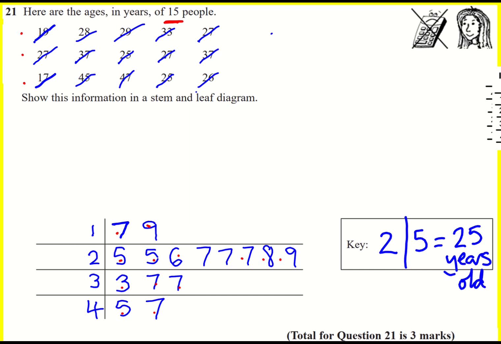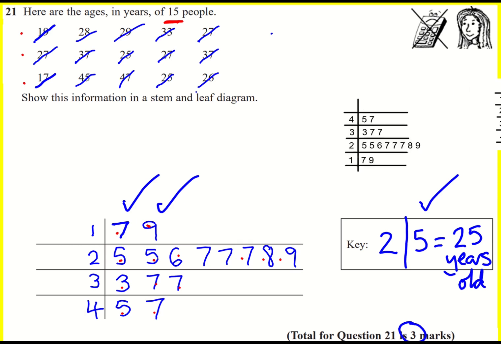So to get your 3 marks here, you need to do an ordered stem and leaf, and I'll show you what an unordered stem and leaf looks like in a second so that you understand the difference. This is going to give you 2 marks for your ordered stem and leaf, and this is your 3rd mark for the key.